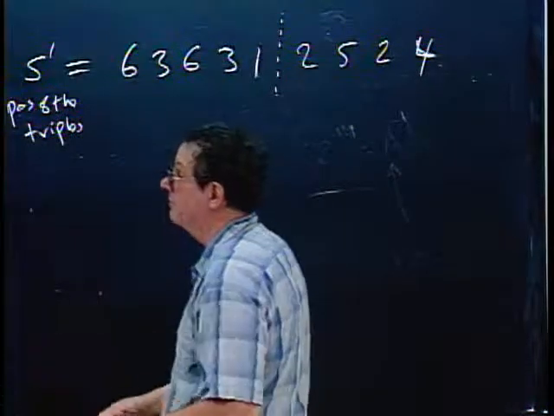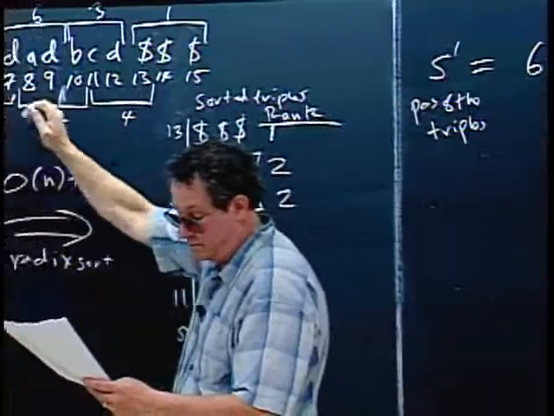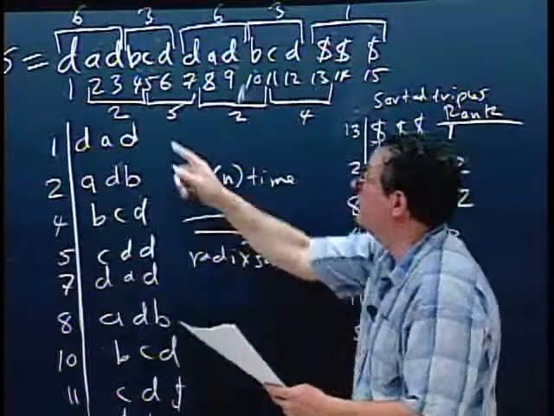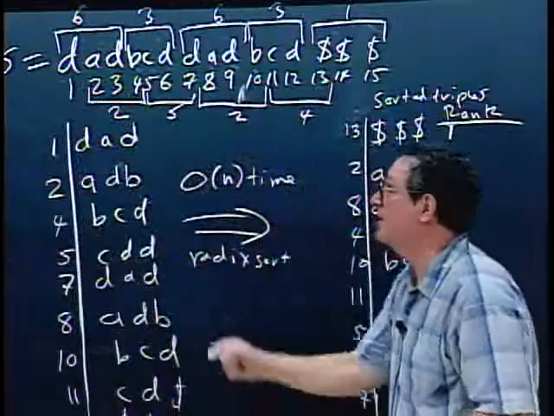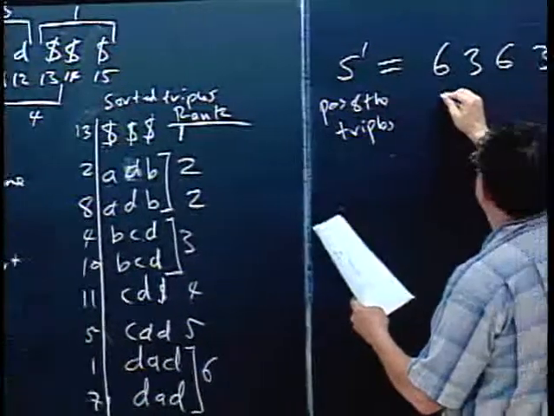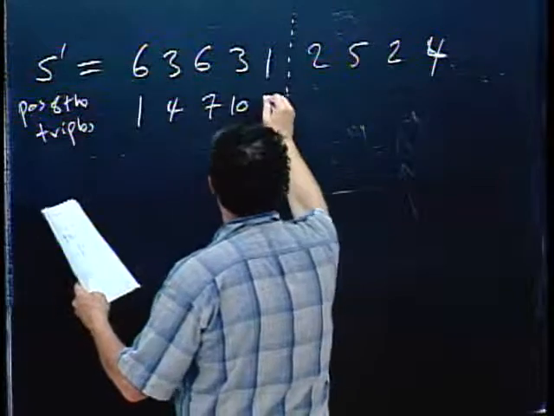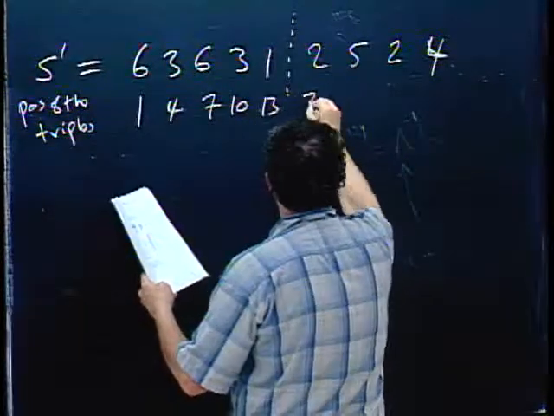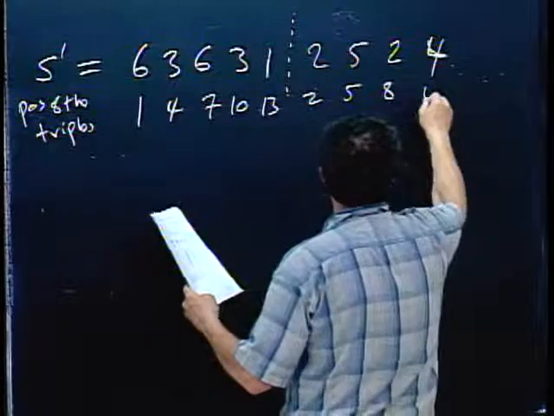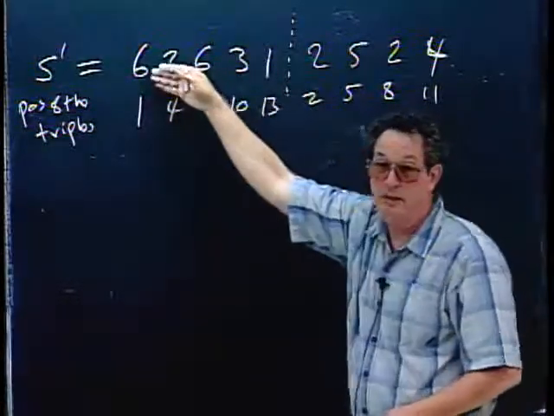Oh no, it came from position 1. That's why I have a 1 there. Okay, so the original positions, if I've done this right, is 1, 4, 7, 10, 13, 2, 5, 8, 11. So those are the original positions of the corresponding rank numbers.